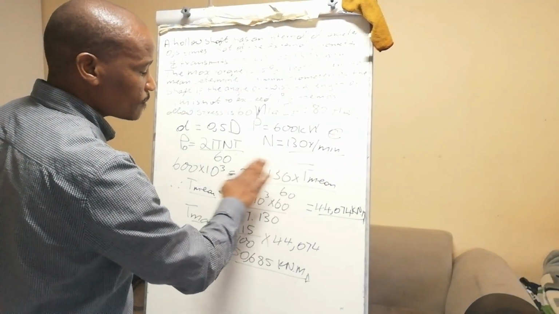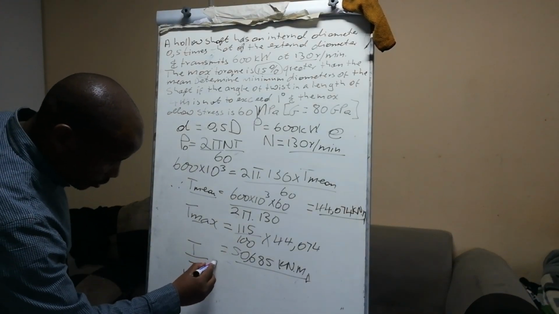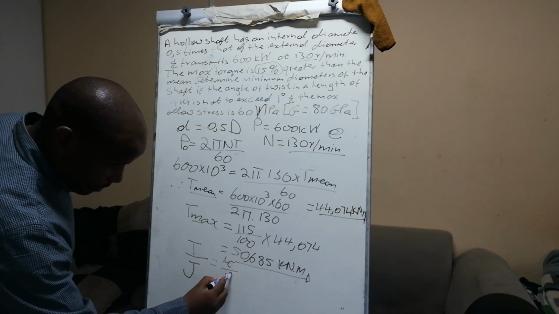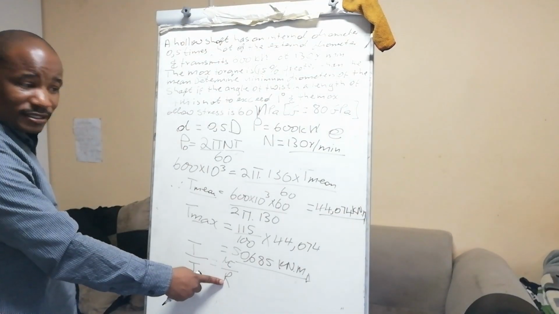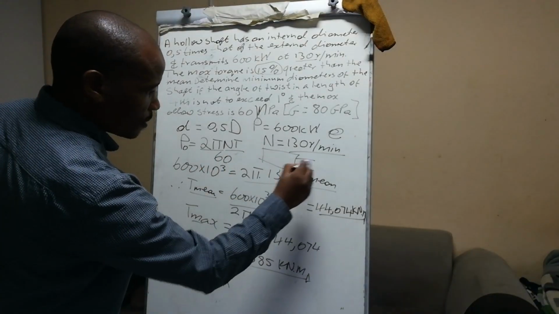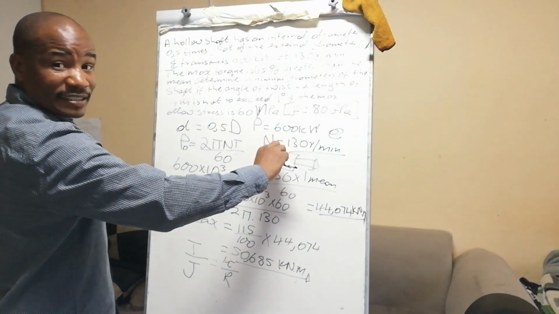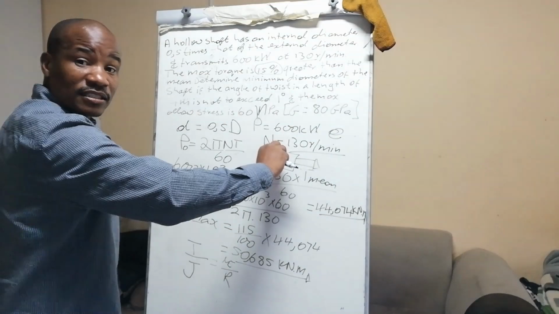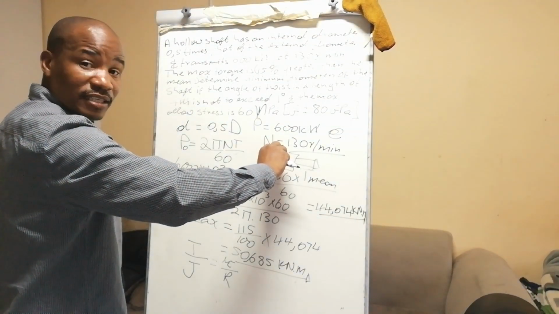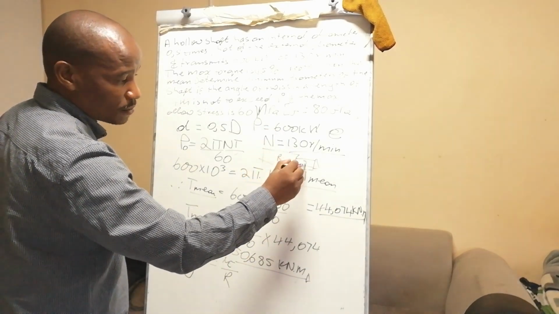Okay, right. So this is the polar second moment of area, equal to the shear stress over the outer radius. If this is our shaft, and this is the external diameter, the radius of this external diameter, let's say is equal to R. This one will be small r.